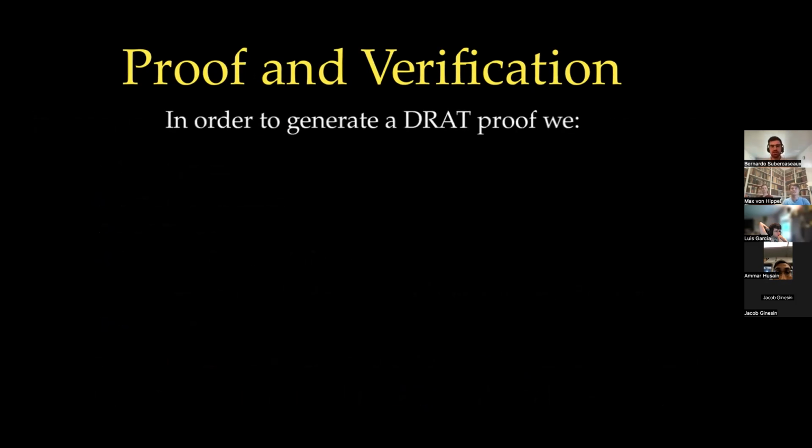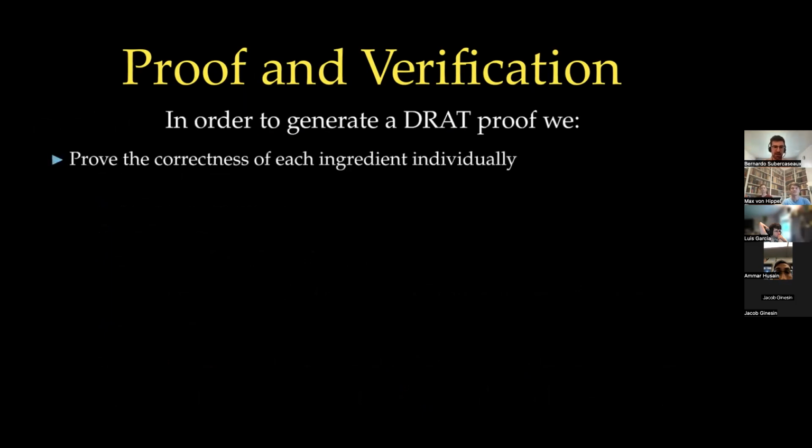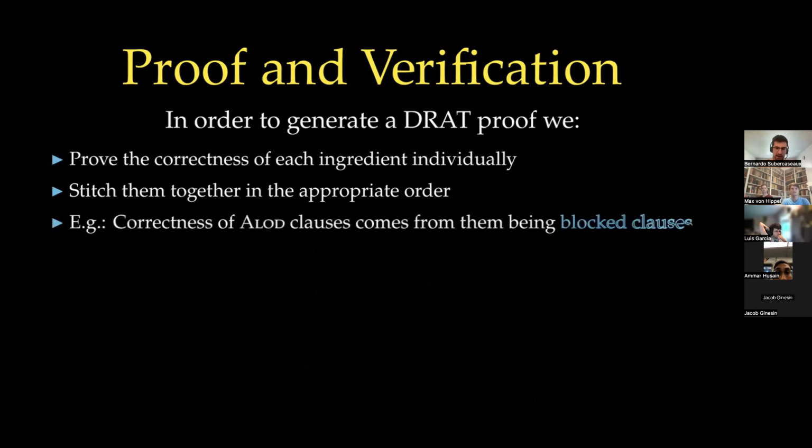So in order to generate this proof, what we do is to basically prove the correctness of each of the ingredients of our solution individually, stitch them together in the appropriate order. And so for example, the correctness of the allowed clauses come from these clauses being blocked, which is a notion in propositional logic that implies that you can add them to a formula without reducing the number of solutions.